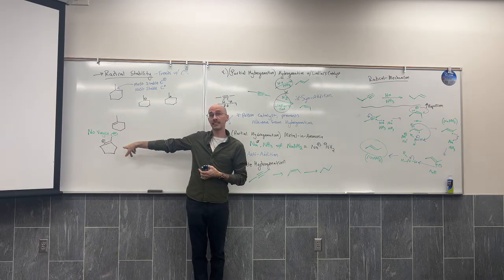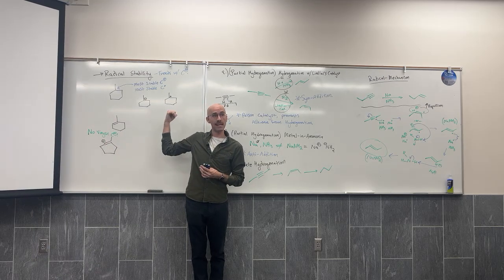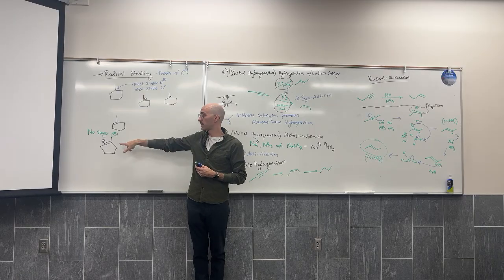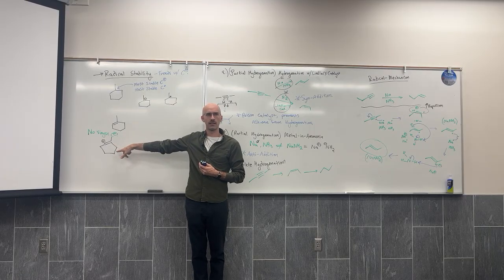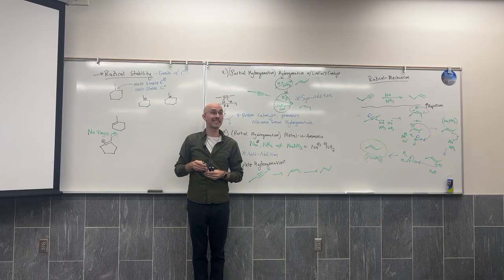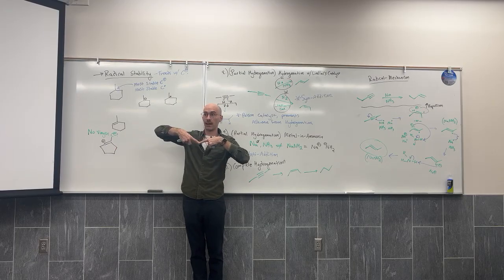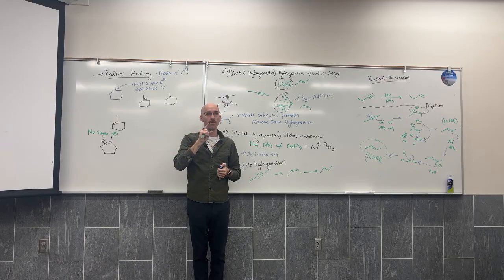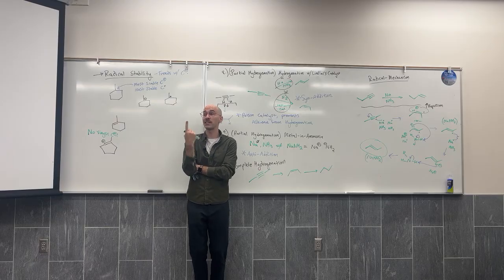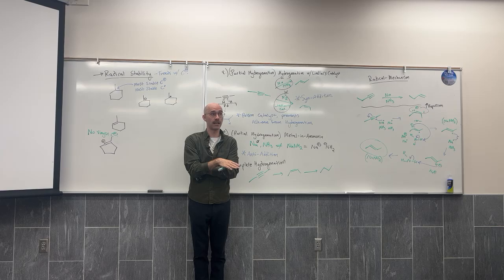Don't forget, we did see something like that when I gave the HX addition mechanism for the alkyne. You remember we saw something just like that. It can be an intermediate, but it's not a good intermediate, especially in a ring. So you're looking for the most substituted position, but remember, carbocation stability increases with resonance, even at a low degree of substitution.